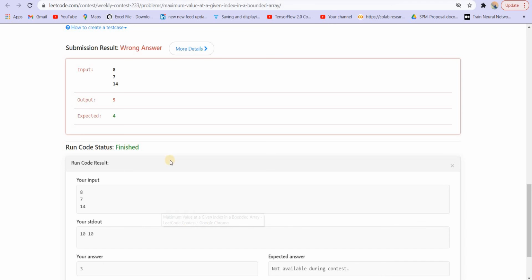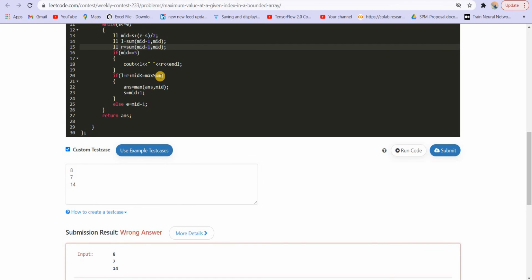Like for the right hand side, yeah, I should be using minimum. Minimum of this comma mid minus 1 and minimum of this thing comma mid minus 1.